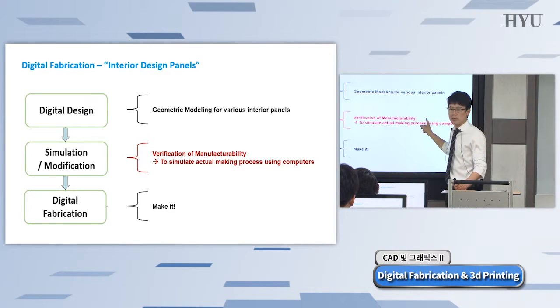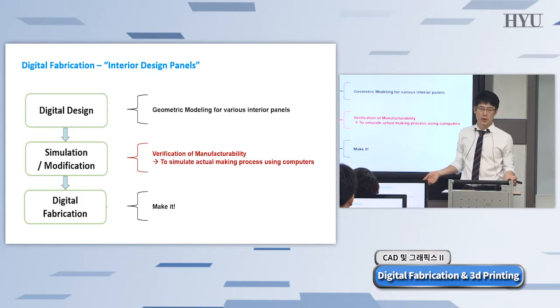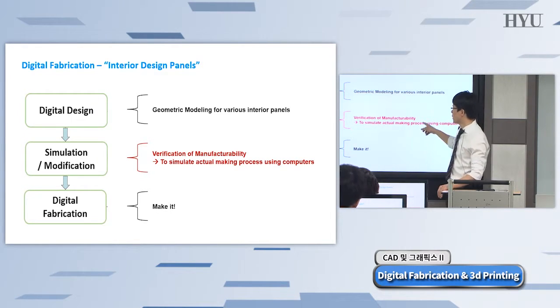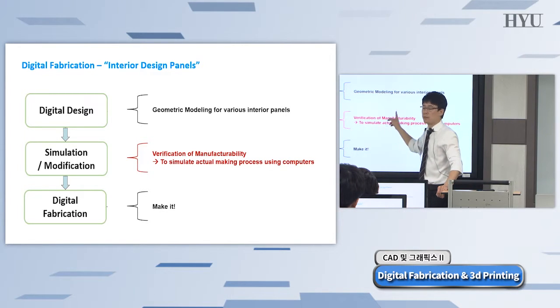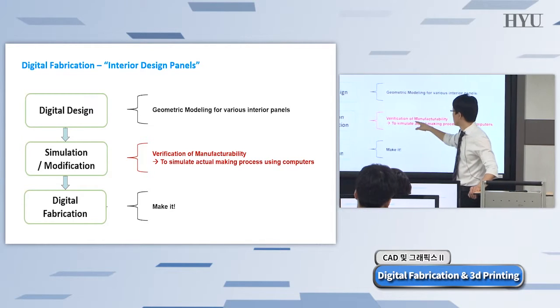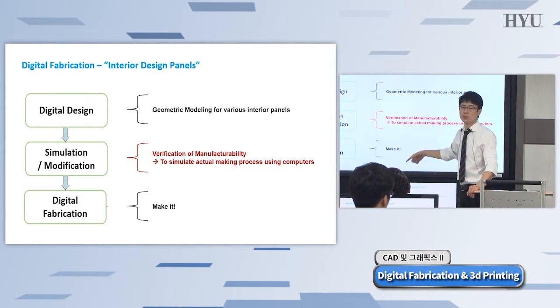Sometimes 100%, sometimes 0% if your model is a surface or a collection of lines, okay? Simply because surfaces or lines cannot exist in the real world, okay? Anyway, after this simulation and verification, making manufacturability 100%, then keep going on to make it, okay?